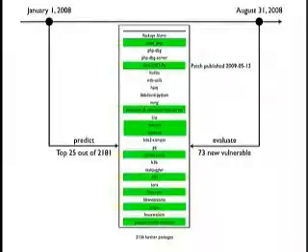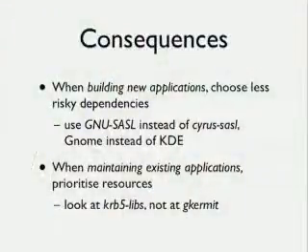So what can we learn from this? We can learn what the consequences could be of a statistical approach like this. First, when building new applications, you can choose to a degree what dependencies you will have, so you can try to choose less risky dependencies. This will come out of the formal concept analysis.